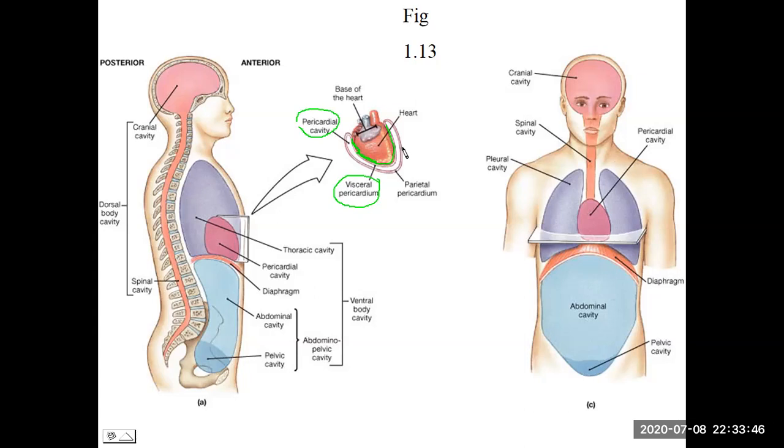So the second layer of the membrane, the parietal pericardium, we see the parietal pericardium is lining, bordering the pericardial cavity. And that's the full name of now these serous membranes. The first part of the name is going to be either visceral or parietal, depending: does it touch the organ or does it line the wall of the cavity. And the second part of the name is based on the cavity itself.